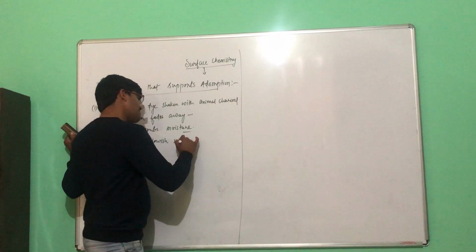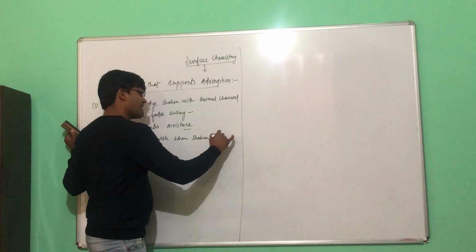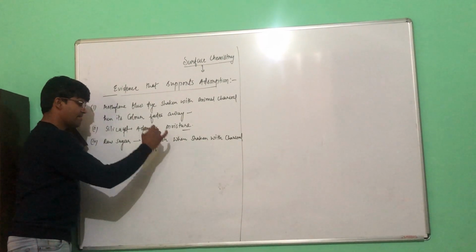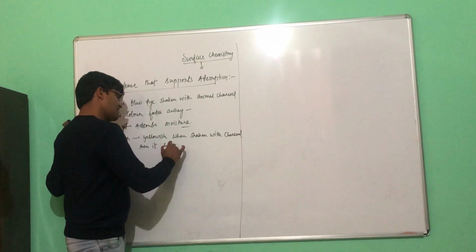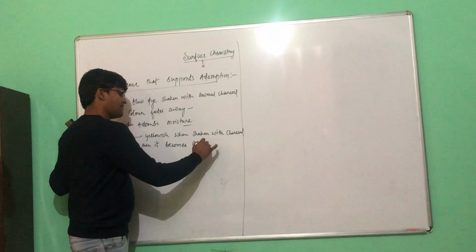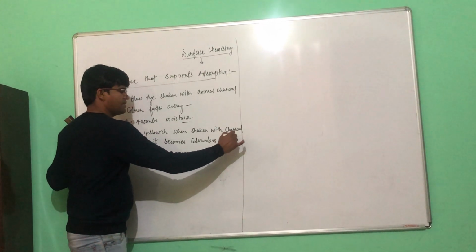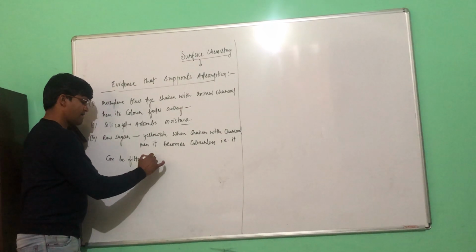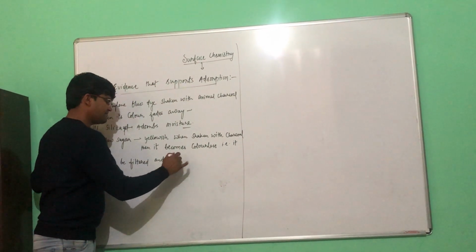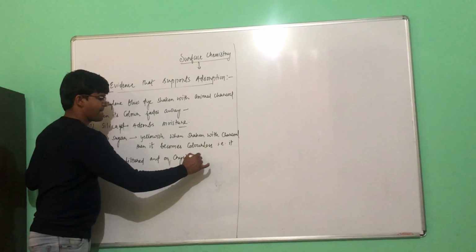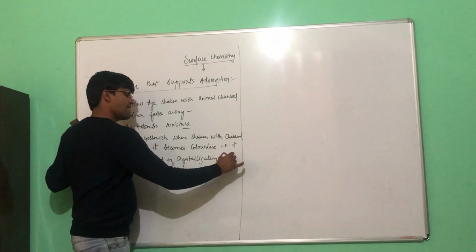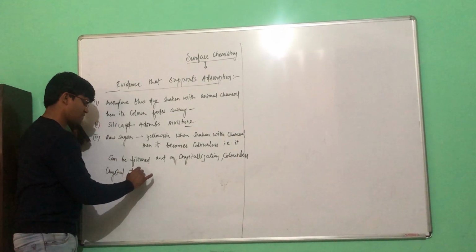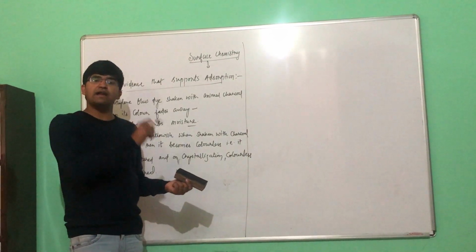When it is shaken with charcoal, it becomes colorless, it can be filtered, and on crystallization colorless crystals are obtained. So what does it indicate? That the impurities are adsorbed by the charcoal.